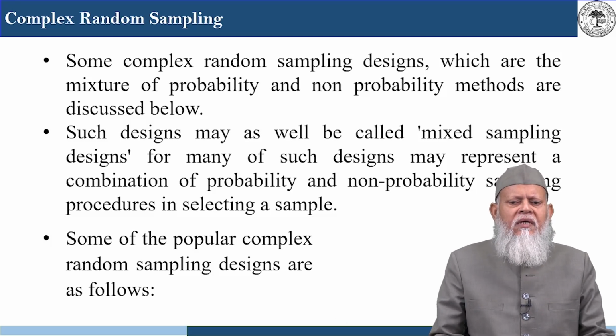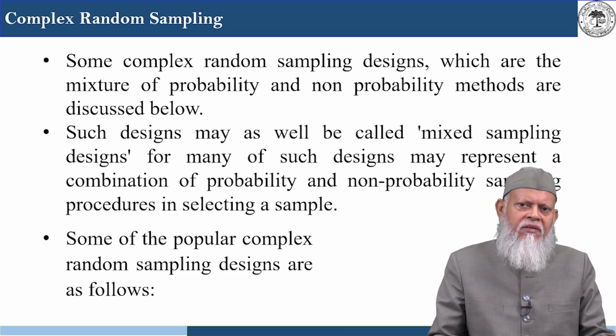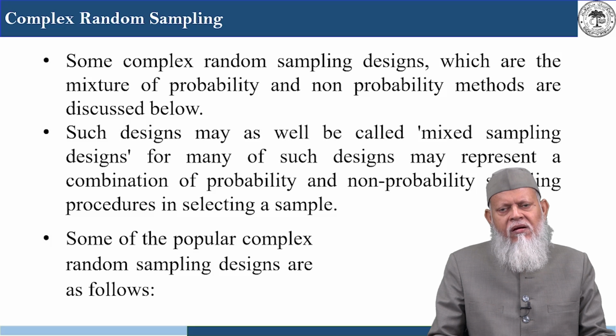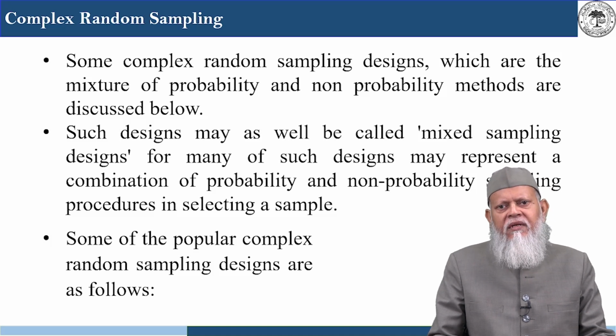Therefore, the statisticians have developed this kind of sampling, called complex random sampling, for the practicality of researchers, because as we observed, simple random sampling, though ideal, is in many cases not very practical.